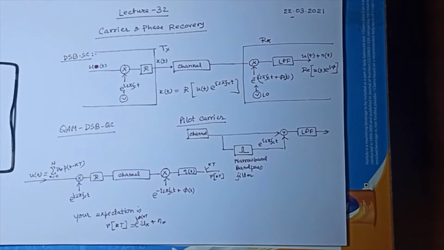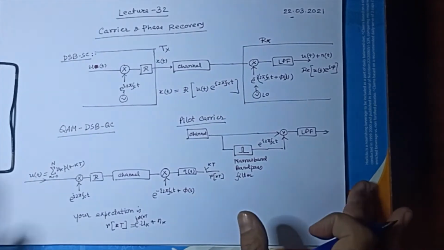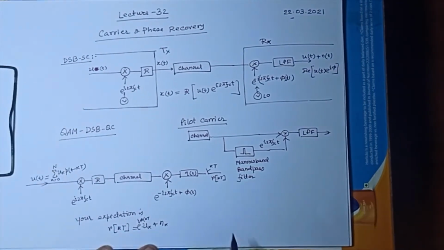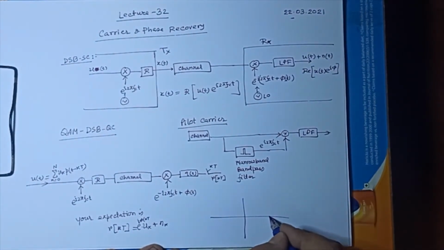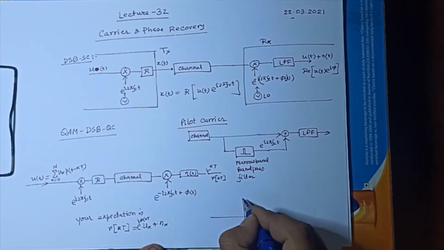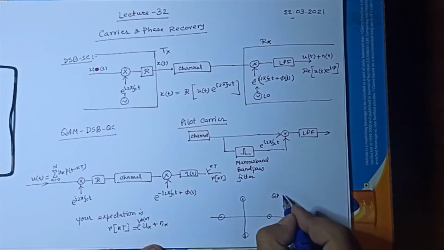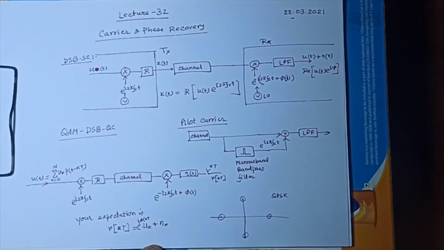That factor will come. So if you look at the constellation, you will see that two factors will happen. Suppose you are taking some, say, QPSK. So these are your symbols plotted in the two dimensional complex plane. QPSK is also QAM. So what will happen?